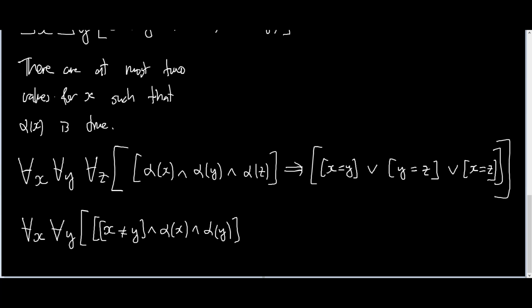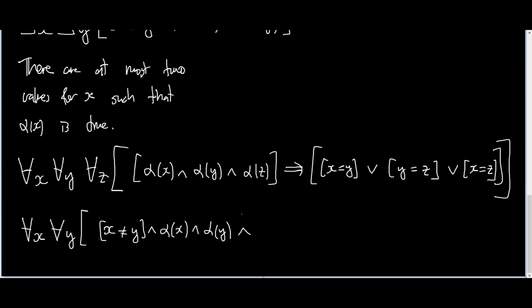And then we say, actually I will not need these brackets. So we will begin with two for which alpha is true, but moreover we know for sure they're different from each other.